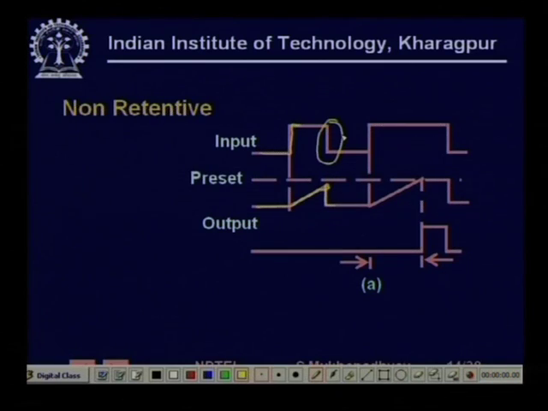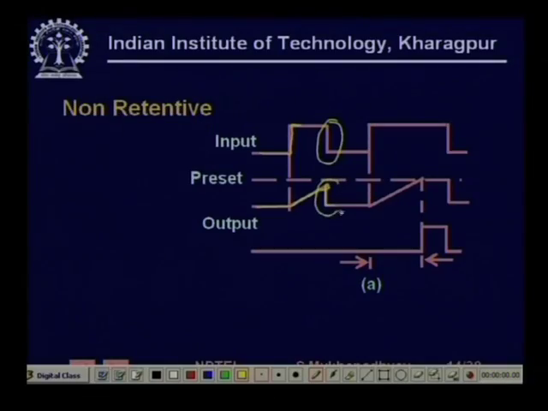So, what would happen to the timing register value at this point? In non-retentive timers the timing register value is reset to 0. So, every time you get another timing signal, it times again, and in this case, because the input stays 1 for a much longer time, the preset value is reached, and when it is reached the timer output is asserted. Here the timer output is not asserted because the timing register did not exceed the preset value. So, this is called a non-retentive timer.